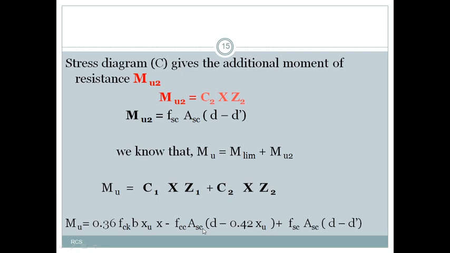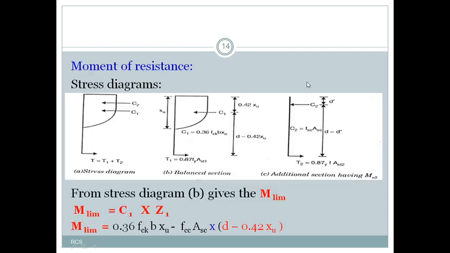Next we have to calculate the stress in section 2, that is Mu2. This C2 is the force acting due to the compression reinforcement. The force acting due to the compressive stress induced in that section is C2, which can be calculated using FSC into ASC.